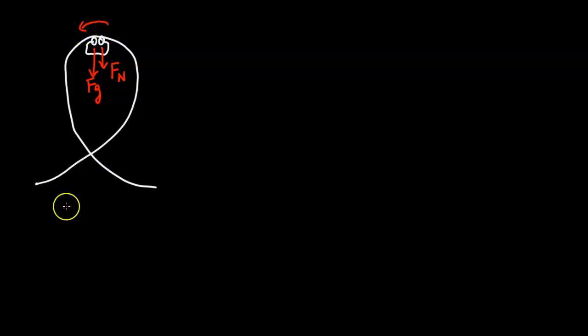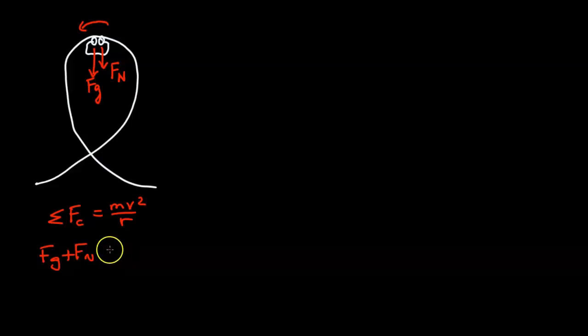So as far as the equation, if we were to solve a problem with this situation, here's how I would set it up. We start with the net force is equal to mv squared over r, and we will typically make the direction towards the center positive. So all the forces towards the center, so we have Fg plus Fn equal to mv squared over r. And so this is how you would set up the equation for a problem like this.